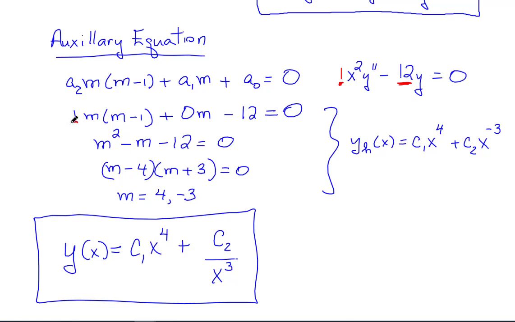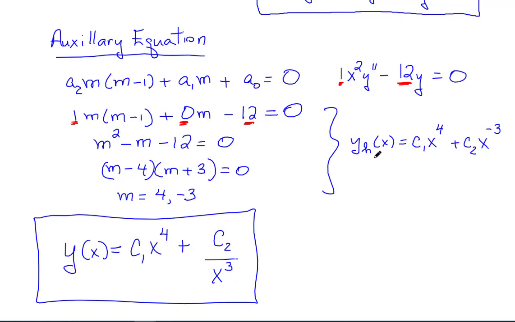And so if I fill those pieces of information in to the auxiliary equation, I get m squared minus m minus 12 equals 0, which is factorable, and I get roots of m equals 4 and minus 3.